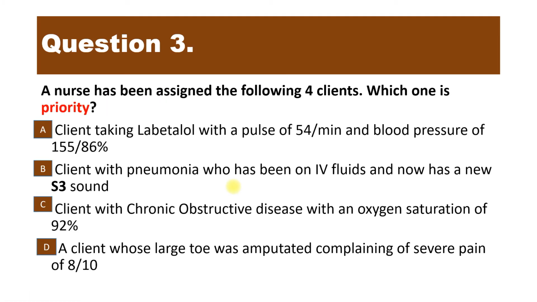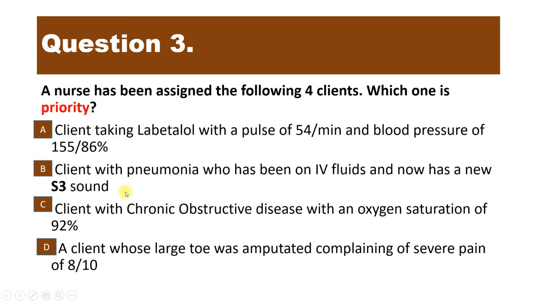A nurse has been assigned the following 4 clients. Which one is priority? A. Client taking labetalol with a pulse of 54 per minute and blood pressure of 155/86. B. Client with pneumonia who has been on IV fluids and now has a new S3 sound.